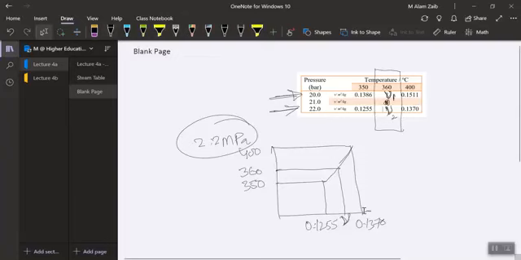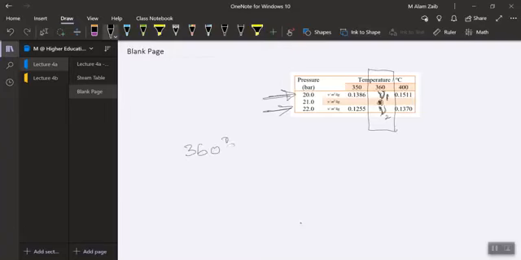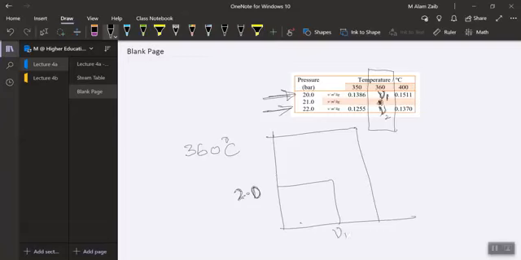What my actual calculation would look like is, at 360 degrees centigrade, the volume at 2.0 megapascal we did find out, which is V1, if you remember.